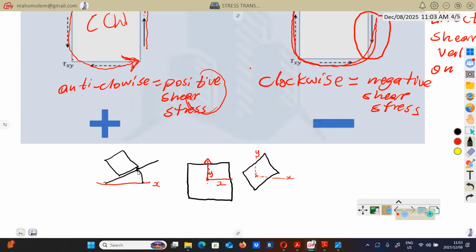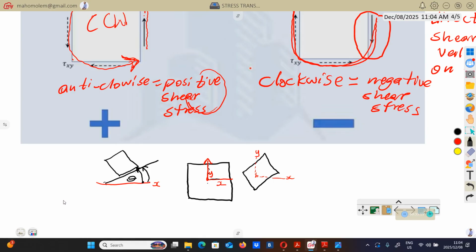So if the angle of this plane is above this x direction, then we're going to say this is positive. Remember, when you measure from here to there, you will be moving anti-clockwise.